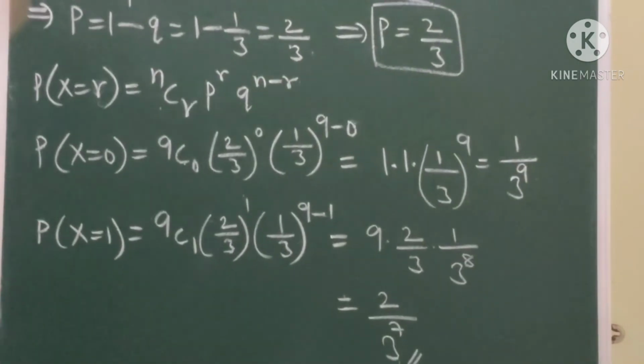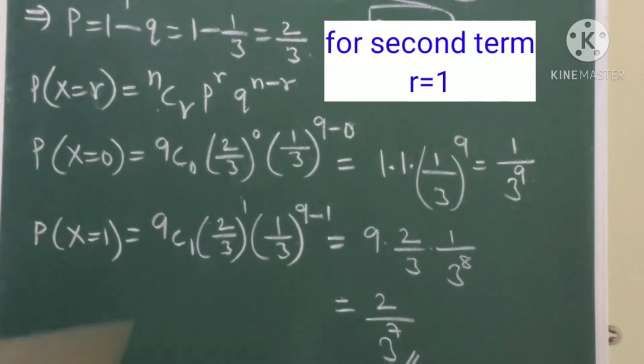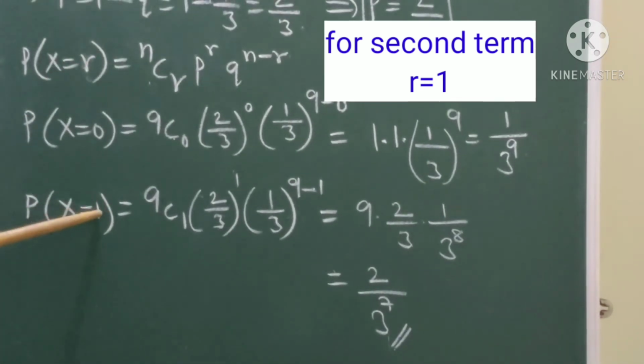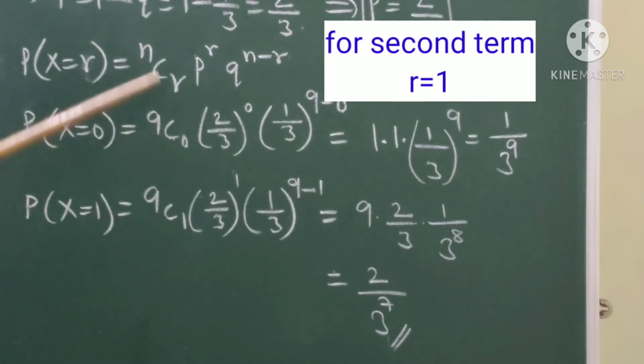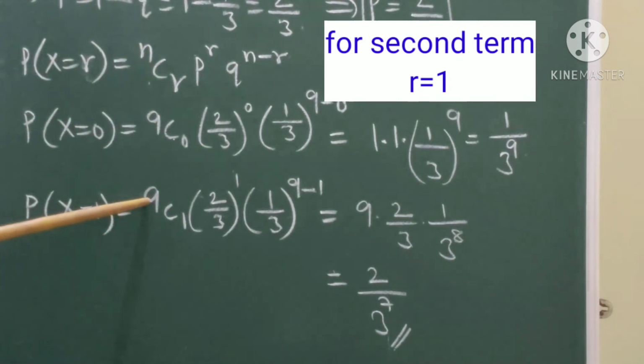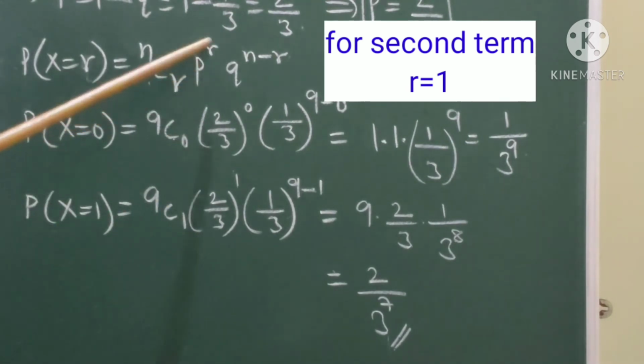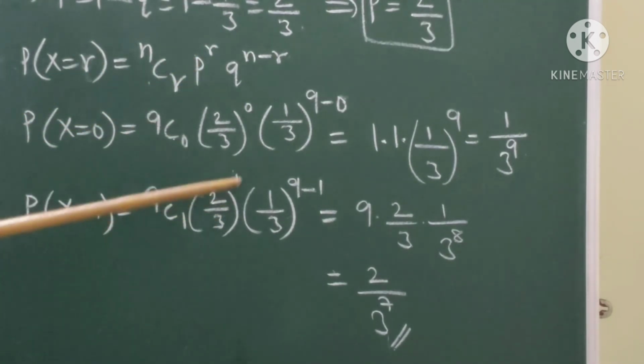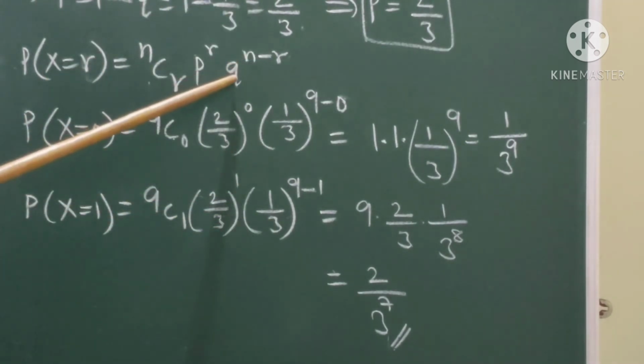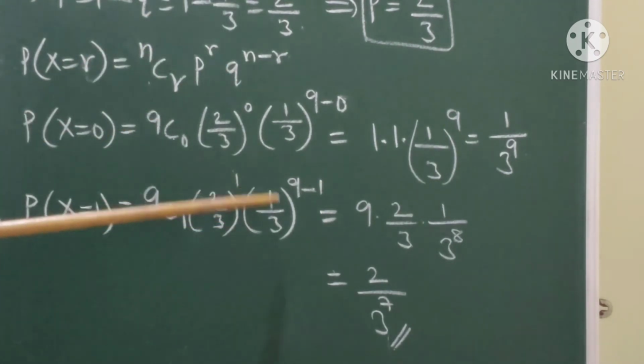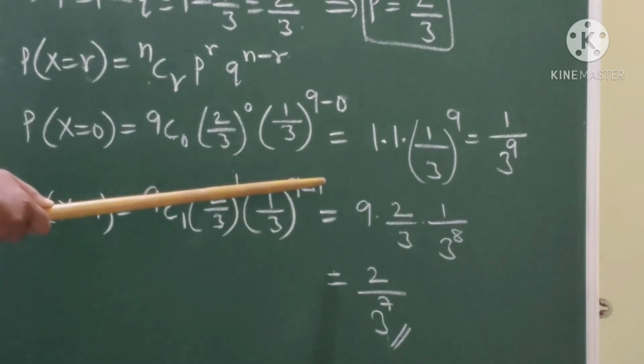Now, the second term. For the second term, we take r value 1. That means P of X is equal to 1 is equal to NCR, that is 9C1, p power r is 2 by 3 whole to the power of 1, and q power n minus r is 1 by 3 whole to the power of 9 minus 1.